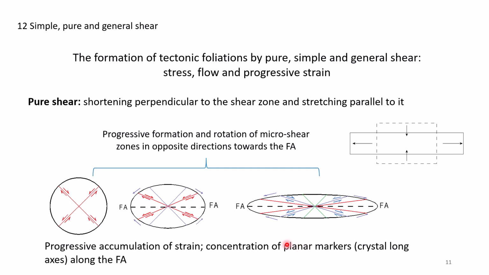We also can see that the shear sense along the shear zones remains always the same. The shear zones that form in the upper right to lower left quadrant always remain top to the left, whereas the opposite shear sense is seen in the other shear zone.